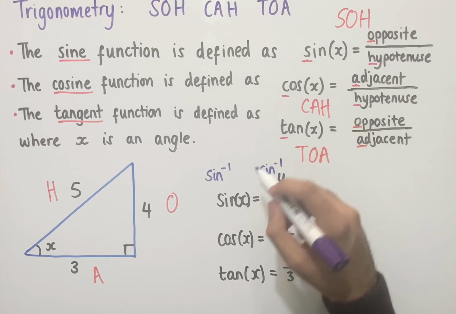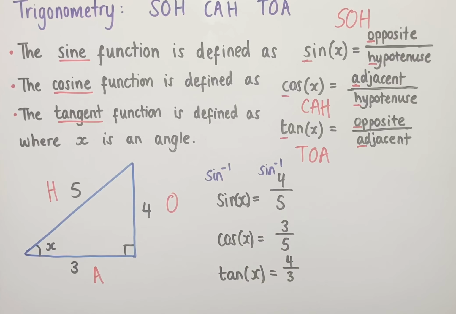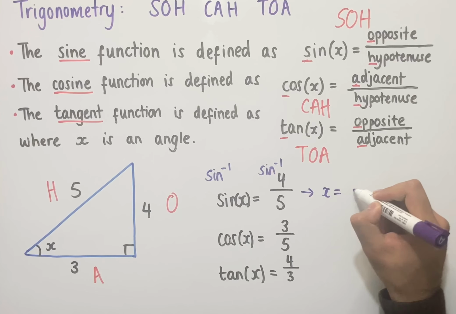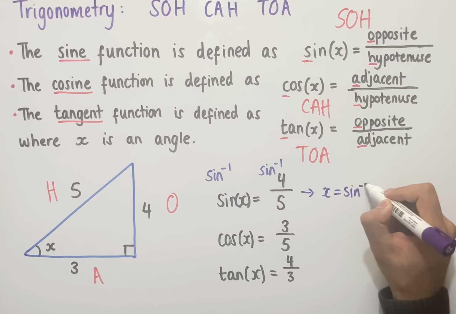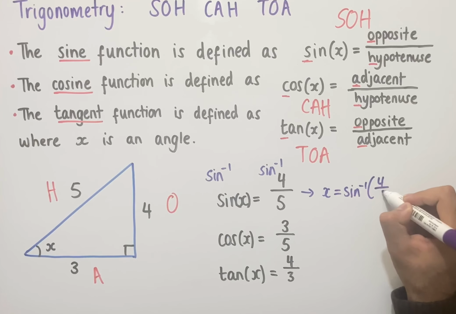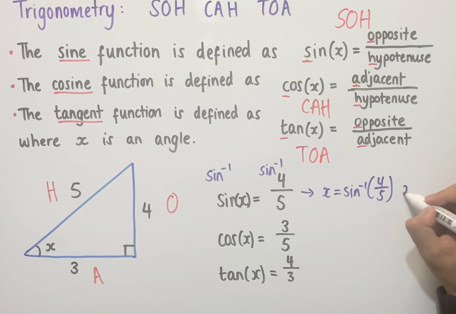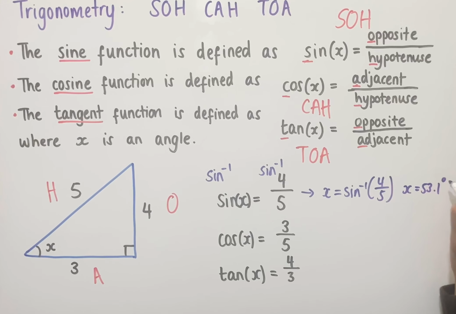Sine inverse is the opposite of sine, just like how multiplication is the opposite of division, and how addition is the opposite of subtraction. They're all inverses. So this leads us to x equals sine inverse of 4 over 5, which if we put on a calculator, we find to one decimal place that x equals 53.1 degrees.